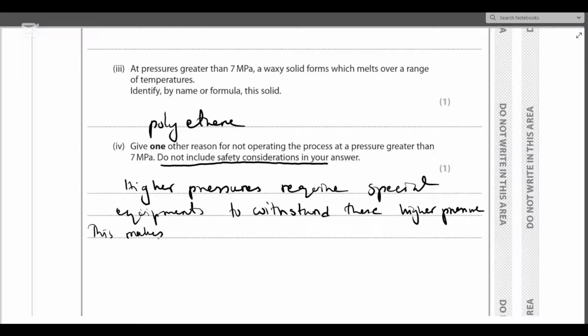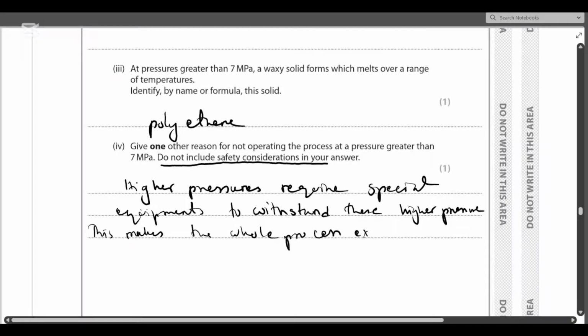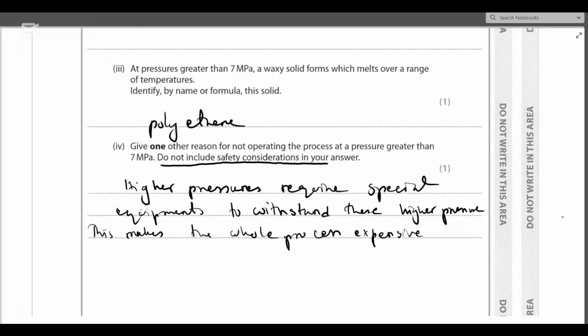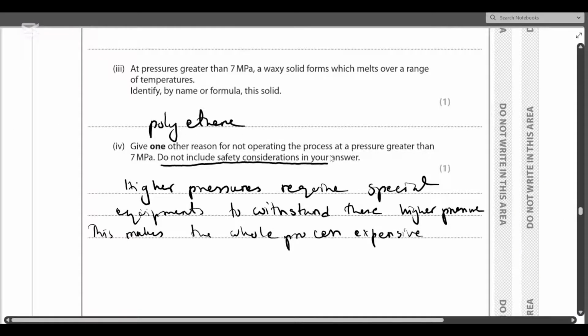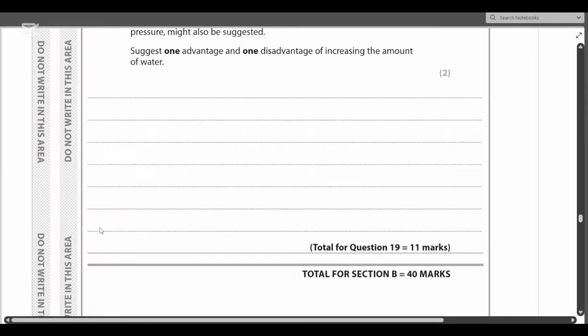This makes the whole process expensive. Exactly. If you use a pressure greater than 7 megapascal, you'll be required to buy equipment that can withstand that pressure. So this will overall increase the cost and make the whole process more expensive.